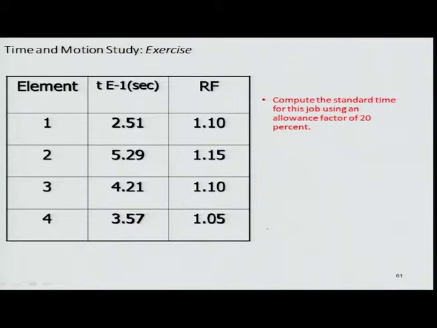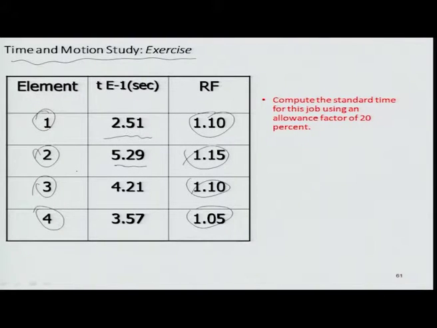So, we have a particular time study to be done of a job which we have split up into different elements. The whole job is divided into 4 different tasks, or 4 different elements, and each of these elements has different time scales associated with it. For example, task 1 takes about 0.251 seconds, task 2 takes about 0.529 seconds, and so on. There is a rating factor associated with each of these, because they have been done by 4 different operators, one of whom operates at 110% efficiency, another a little lower at 105% efficiency, and so forth.